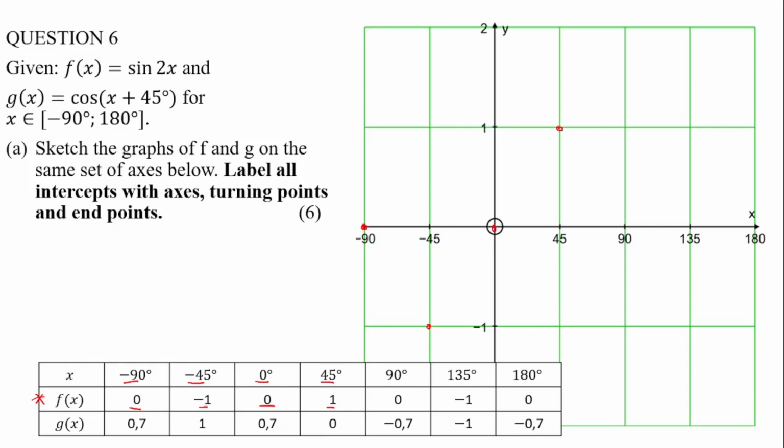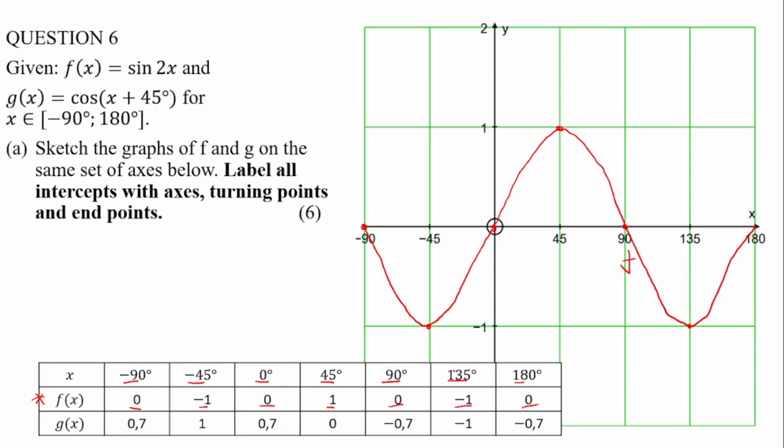At 90 degrees, f(x) is at 0. At 135 degrees, f(x) is at negative 1. And at 180 degrees, f(x) is at 0. And then we can sketch our graph. That's our graph, f(x).